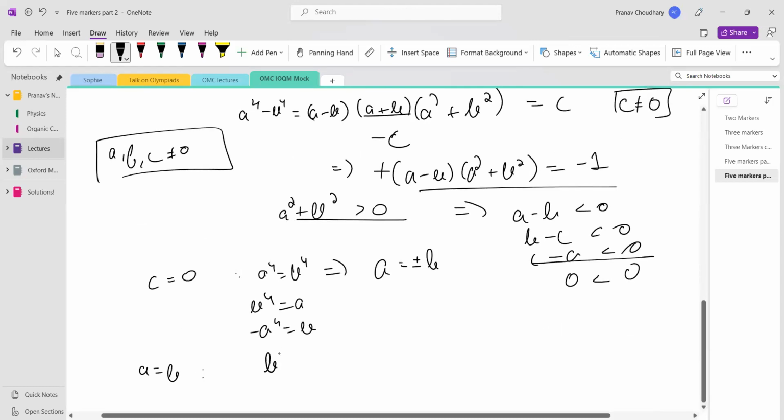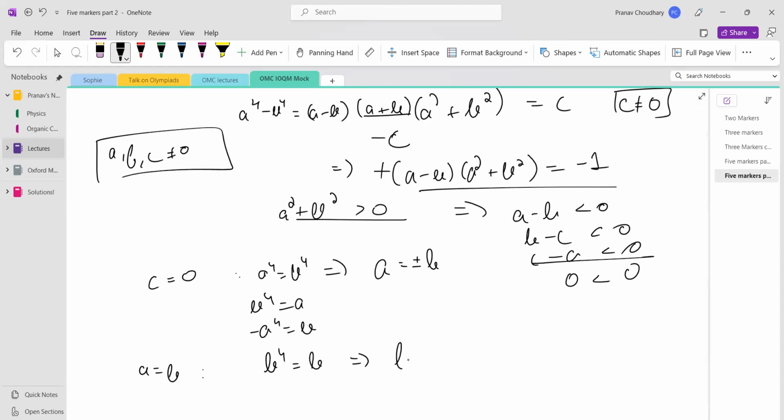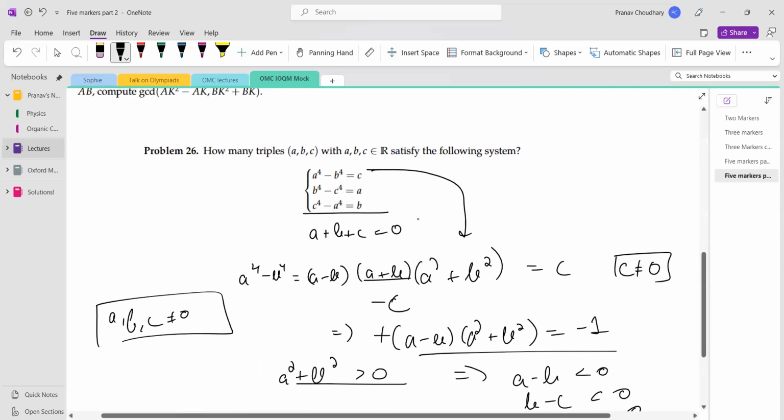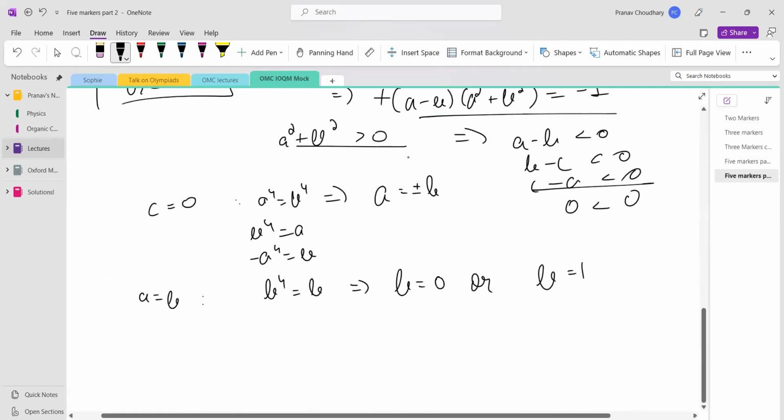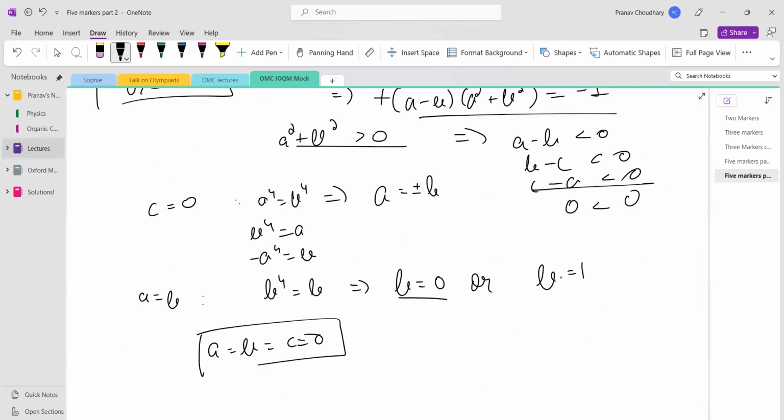In this case, you get that b to the power 4 equals b, which implies b is 0 or b is 1. The other two are complex solutions, but we are given that a, b, c are real numbers. So when b is 0, you'll get that a equals b equals c equals 0. So this is one solution. When b equals 1, a is also equal to 1, but this equation is not true.